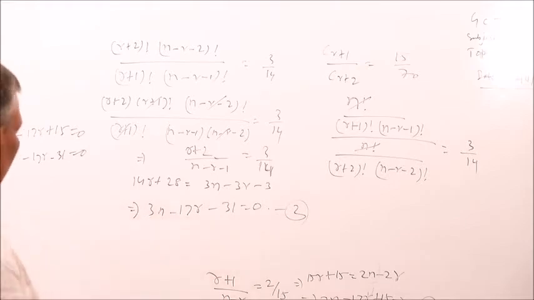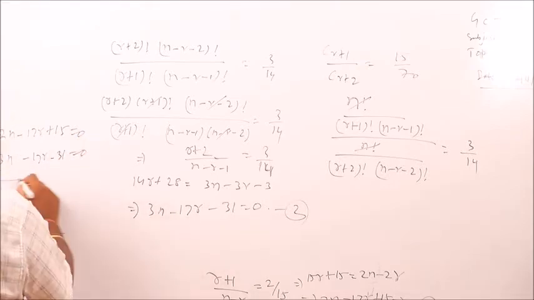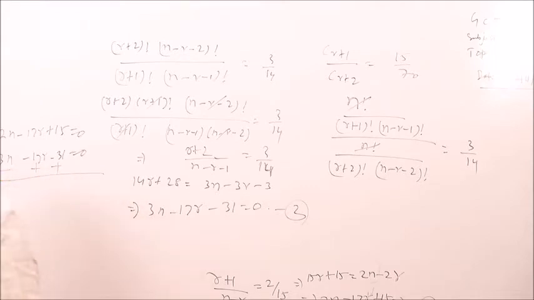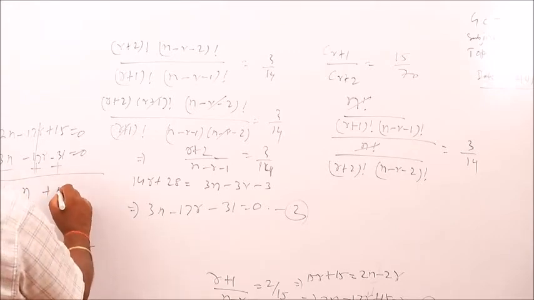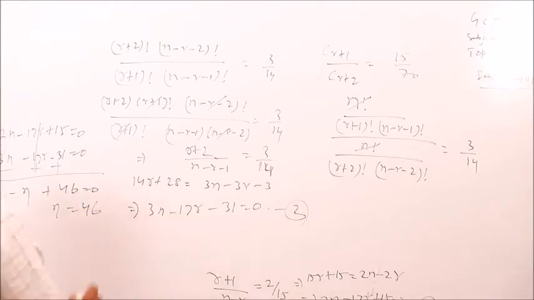Let us subtract 3 from 2, that is minus plus plus. So your 17r will be cancelled, minus n plus 46 equals 0, n equals to 46.